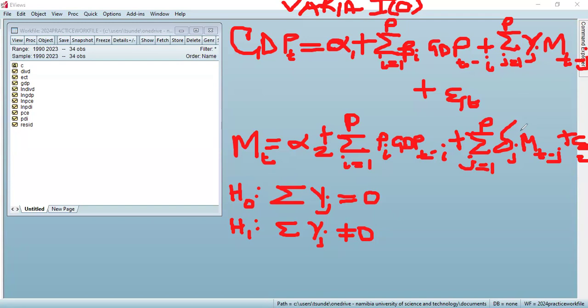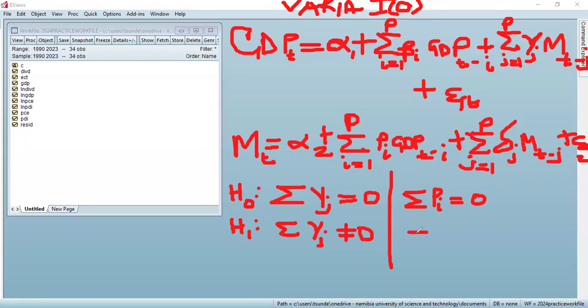And in the second equation, the null hypothesis for GDP Granger causing money supply is that the summation of rho I is equal to 0. This means GDP does not Granger cause money supply.